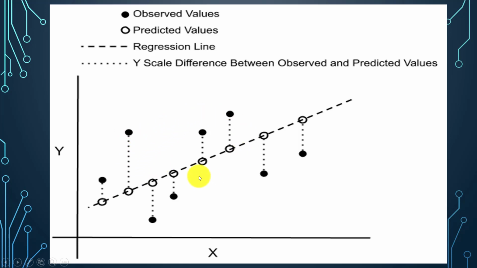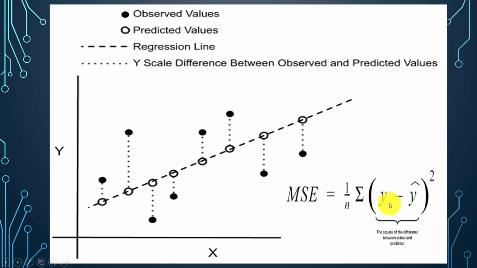So we can estimate it by using one formula, that is (y minus y cap) squared. Now what is y? Y is nothing but the observed value, or actual value. And y cap is nothing but the predicted value. We are going to observe the error by taking the difference between observed and predicted value, that's why the formula has y minus y cap.